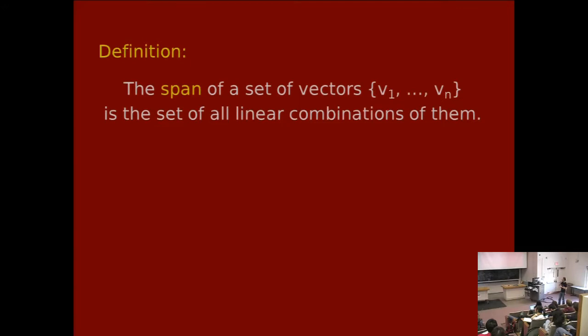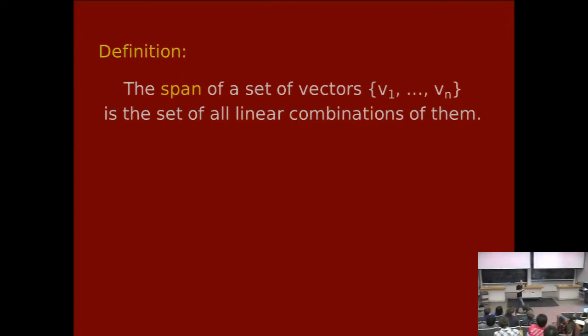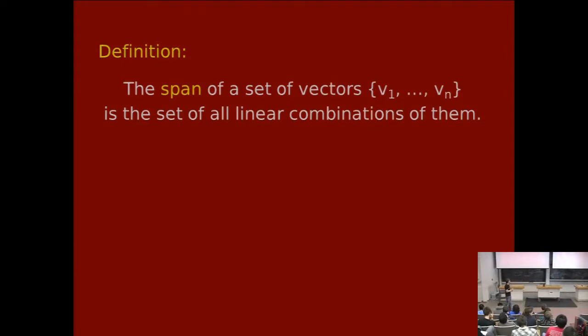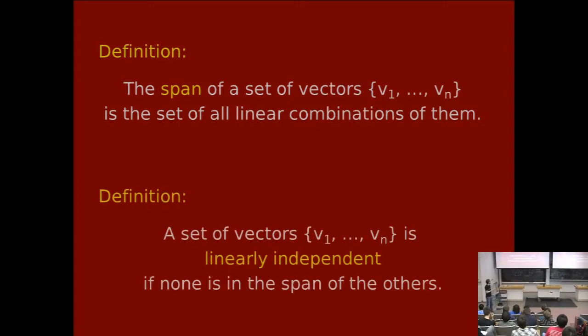Great. Okay, so then let's make some definitions. If I have a set of vectors, v1 through vn, then the span just means all linear combinations of them. And another definition is that a set of vectors is called linearly independent if none is in the span of the others.